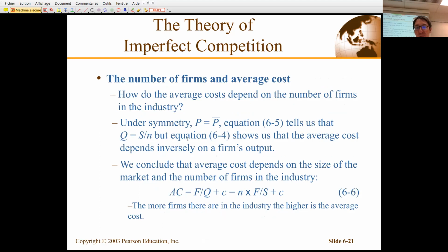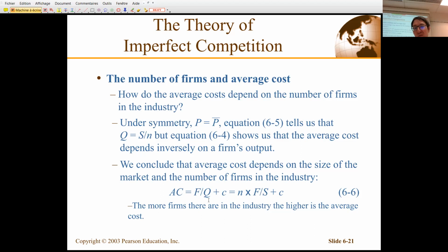But then equation 6.4 shows that the average cost depends inversely on a firm's output, because average cost equals F divided by Q plus C. This was the cost equation that we introduced earlier.